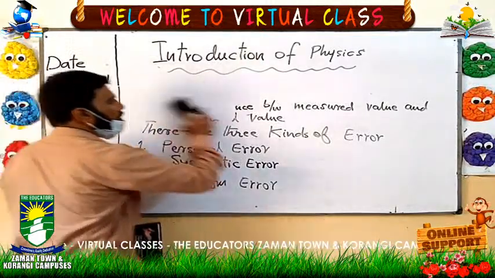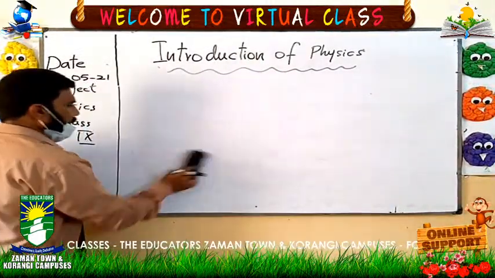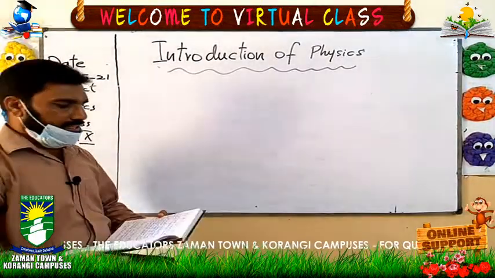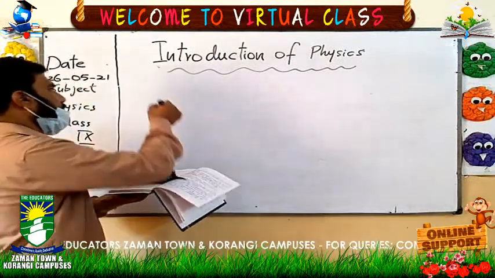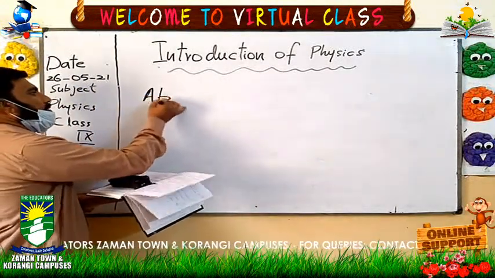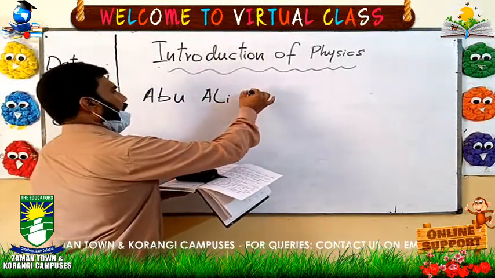First of all, one of the most famous Muslim scientists is Abu Ali Hassan ibn al-Haytham.